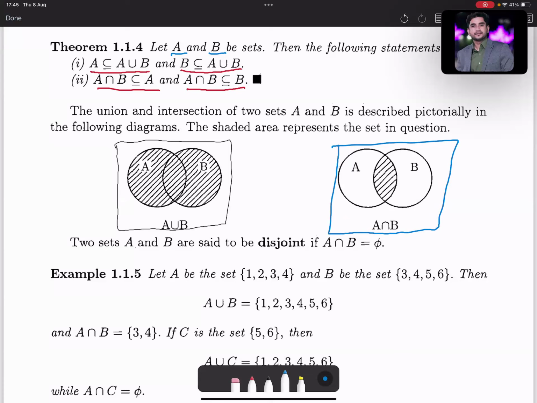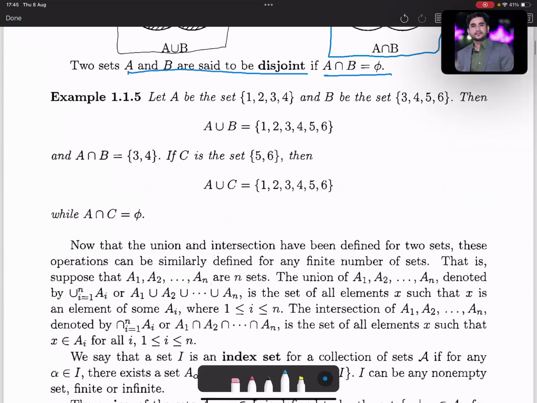Okay. Now, when we say that two sets are disjoint, it means there is nothing in common between them. Let's do some examples. Let's say A is this set, B is this set, then this is their union, just combine 1, 2, 3, 4, 5, 6.